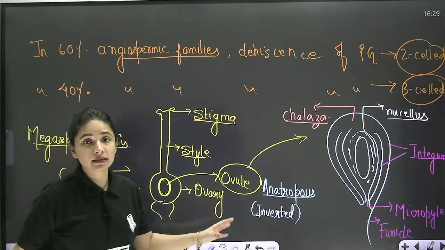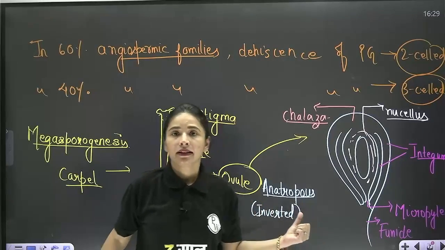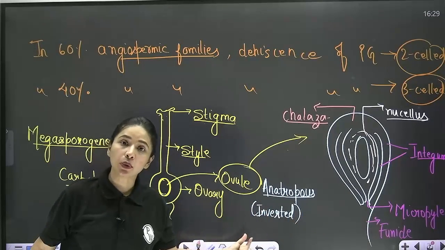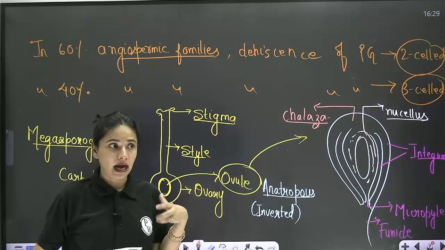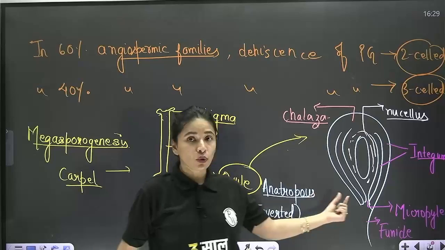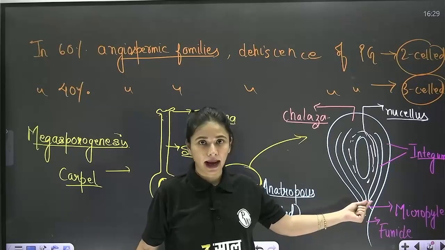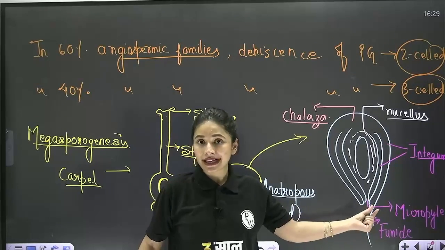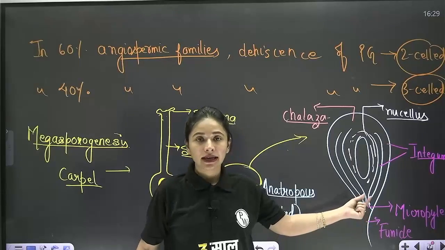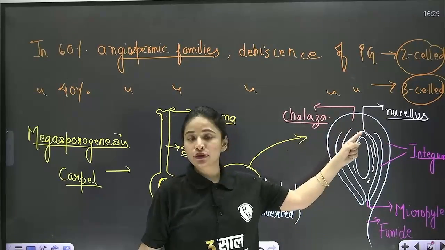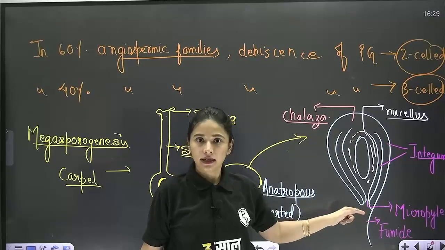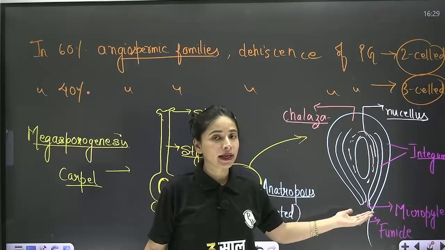Now, you have seen that ma'am has written over here inverted. Inverted means upside down. If I say that this ovule is kept in an inverted manner, that means whatever you are seeing down is actually up, and whatever you are seeing up is actually down. So, what are you seeing down over here? Micropyle.